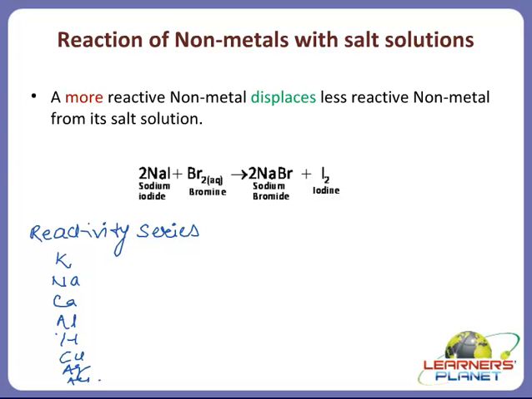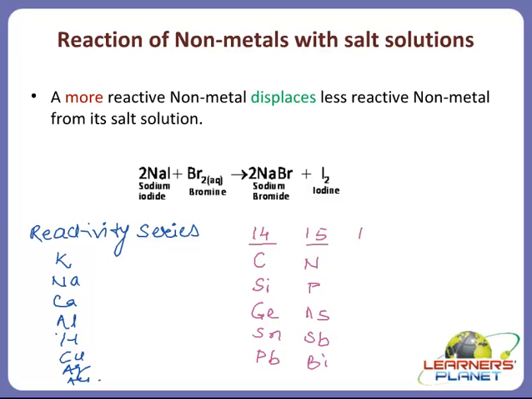If I am taking group 14, what all elements are there in group 14? It is carbon, silicon, germanium, tin and lead, right? Group 15, it is nitrogen, phosphorus, arsenic, antimony and bismuth.